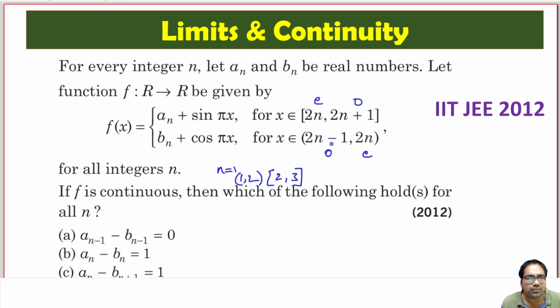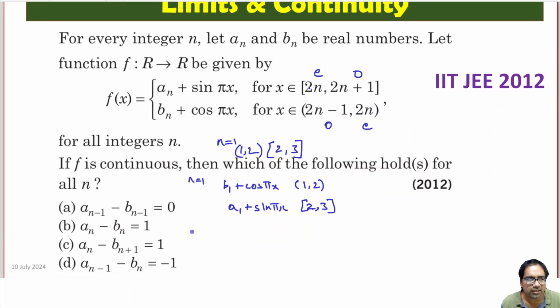This is 1 and 2, and this is 2 and 3. That means between 1 and 2 the function is b1 plus cos pi x, and between 2 and 3 it is a1 plus sine pi x. Right. This is when n equals 1.